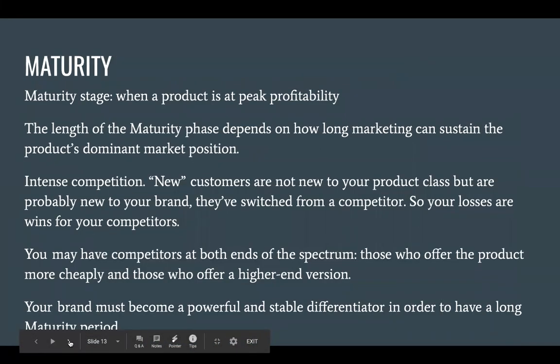The length of the phase depends on how long marketing can sustain the product's dominant market position. So, for example, Samsung was actually the leading phone provider for a little bit, but then Apple took over since I guess they couldn't keep it. Their marketing wasn't that great.